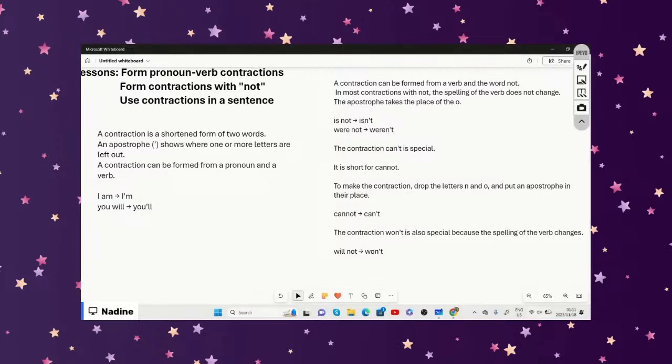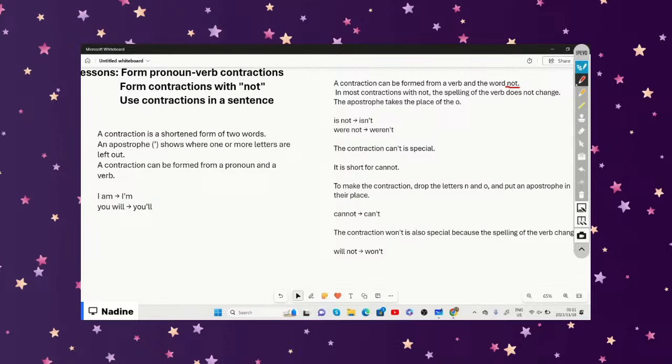So now, when it comes to contractions, contractions can also be formed from a verb and the word not, right?